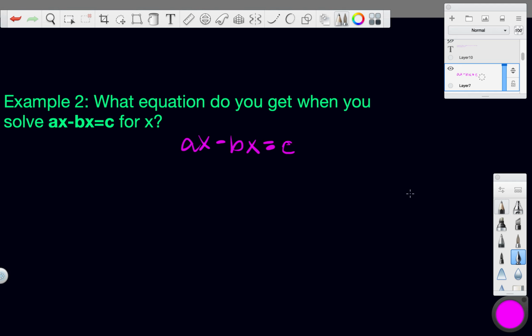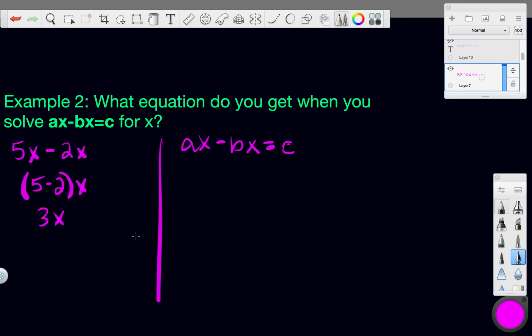Now, I see x twice, but I don't see any numbers, so this gets a little bit confusing. So if there were numbers there, let's just do a side note over here, okay? If there were numbers, like let's say there was 5x minus 2x, we would actually be doing 5 minus 2 x, right? That's what we would be doing, and we would end up with 3x, correct?